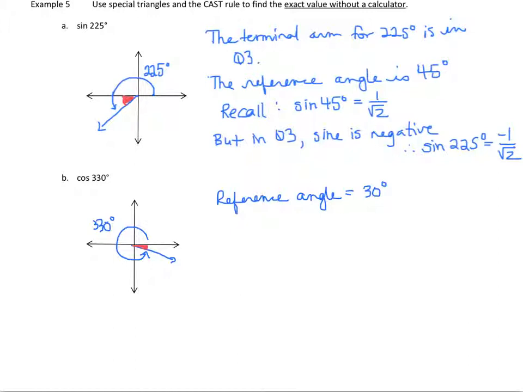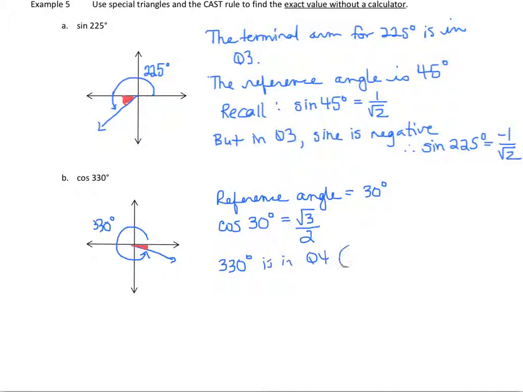And remember, the exact value for cosine 30 degrees is root 3 over 2. So the cosine ratio for 330 degrees will also be root 3 over 2. We just have to decide if it's going to be positive or negative. 330 degrees has its terminal arm in quadrant 4.